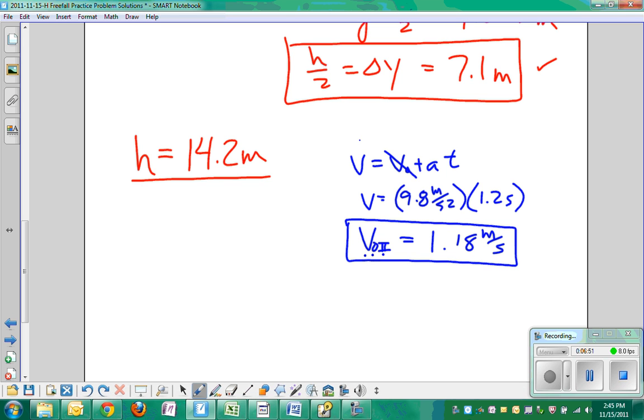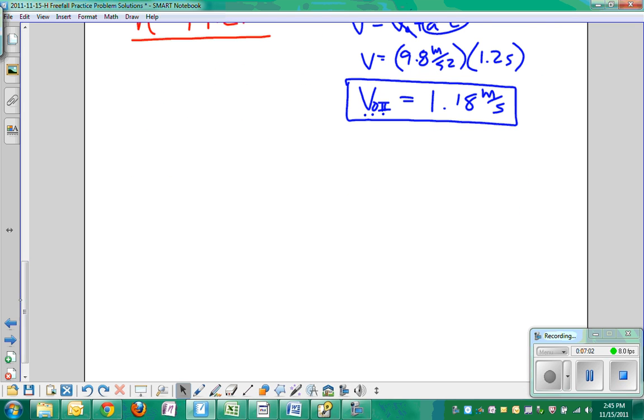Of course, probably the best thing to do would just be to put at in the expression when we start case 2, knowing the v naught that we have there. All right, so let's try that. We know that we have v naught, and that's equal to a t1, which is 1.2 seconds, or we can say g times t1.